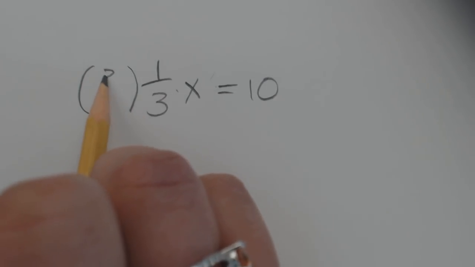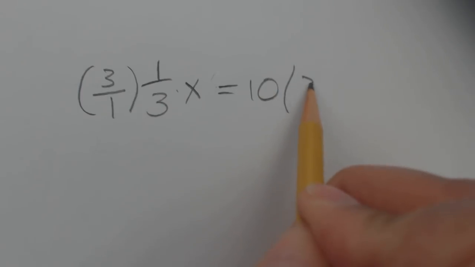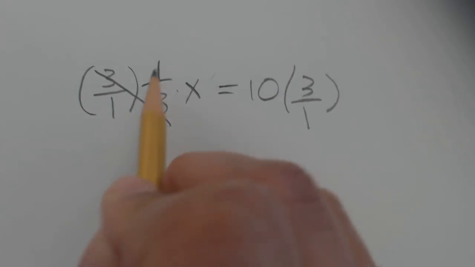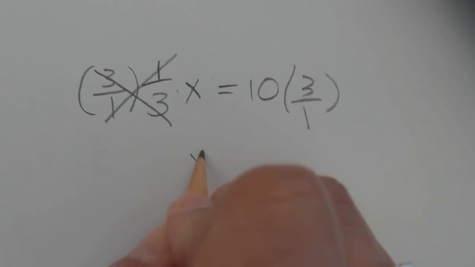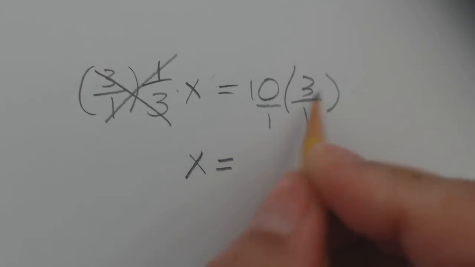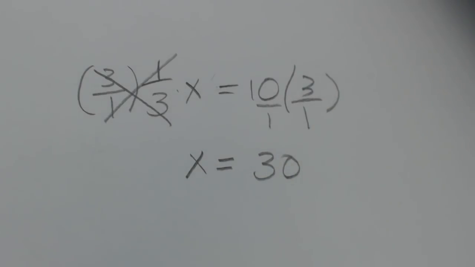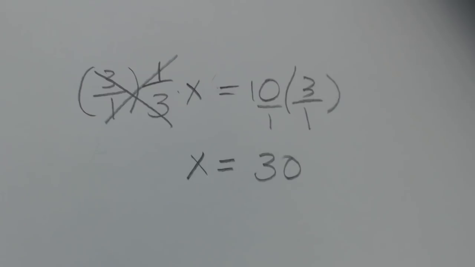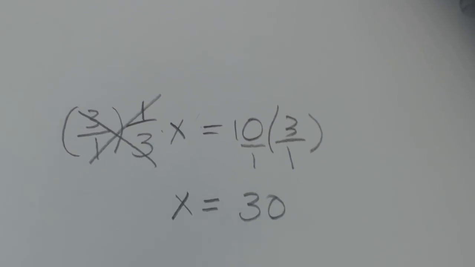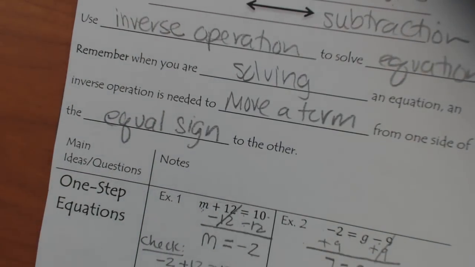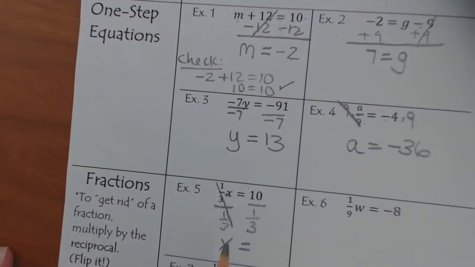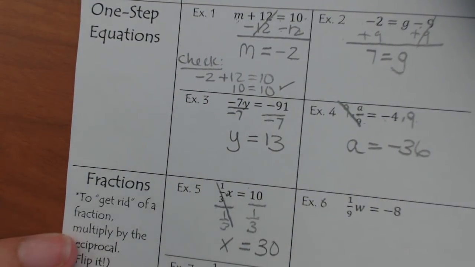Dividing by a fraction is really multiplying by the reciprocal. So we can just flip it and multiply. The 3's cancel out, the 1's cancel out. What we have left is 1x equals, you could put that over 1 if needed, 10 times 3 is 30, 1 times 1 is 1, which does reduce to 30. Either way you want to do it is fine. It's just up to you, which way would help you remember more. So over here, x equals 30.